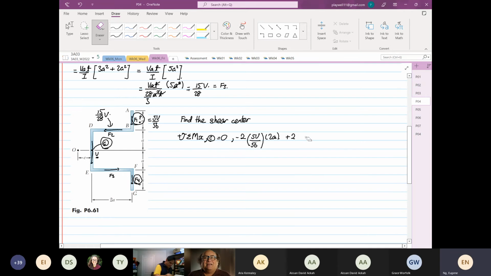And the perpendicular distance is A. And then this V over here is acting at point O. So plus, it is going to act in an anti-clockwise direction. So this is our Ve equal to 0.